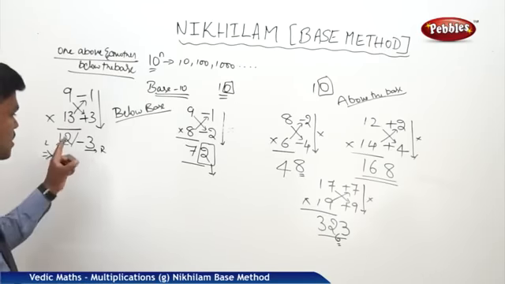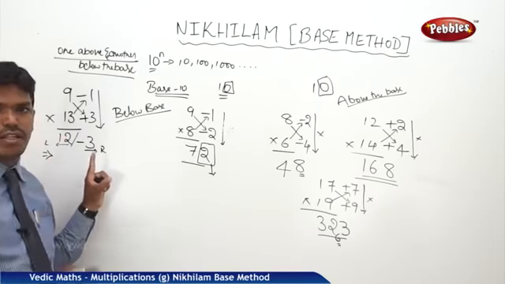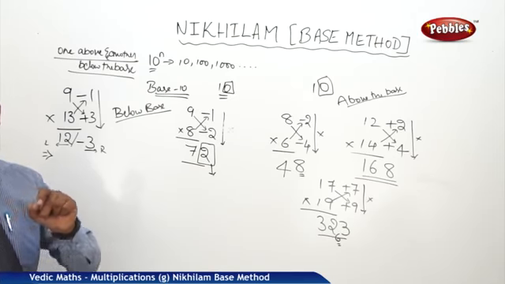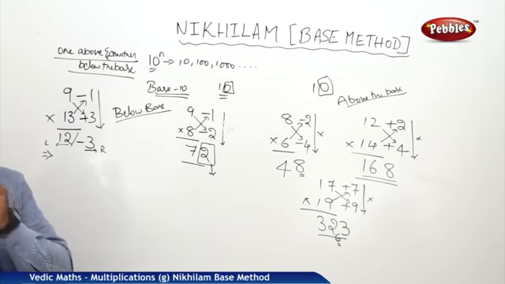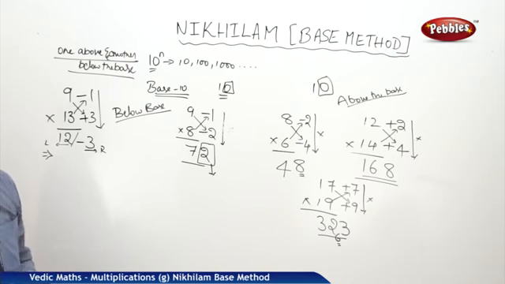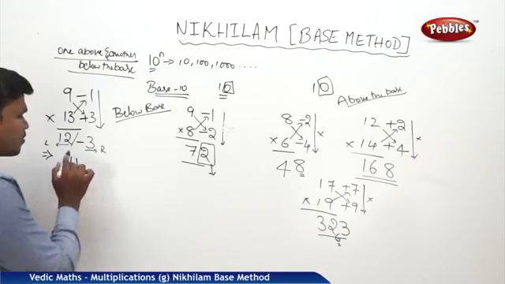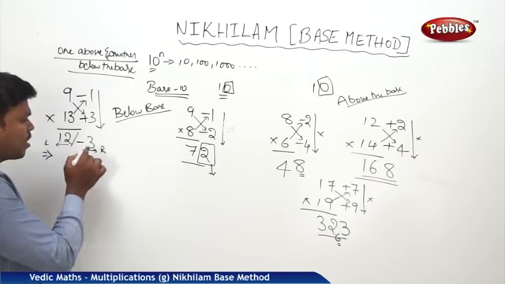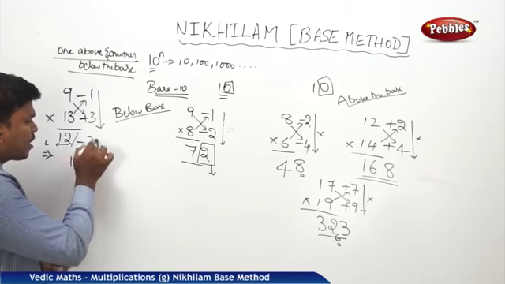Once again, since there is a minus symbol, in balancing the answer we have to reduce the left side part by 1. What is the left side part here? 12. So what is 12 minus 1? 11.